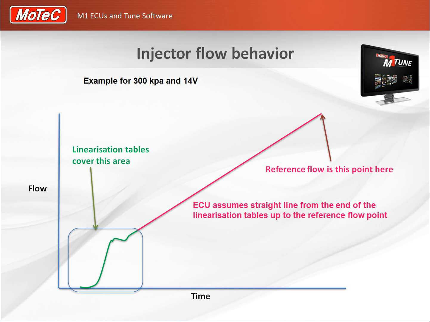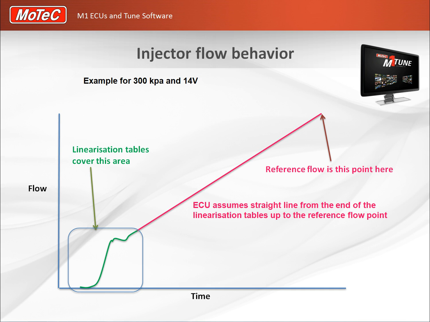All these tables have flow versus time information in them. Once we see that the flow rate becomes linear for every extra amount of time that we open the injector for, we stop filling out the linearization tables. From that point, to calculate how much time to open the injector for a given flow, the ECU simply works from the end of the table out to the reference flow point up here.